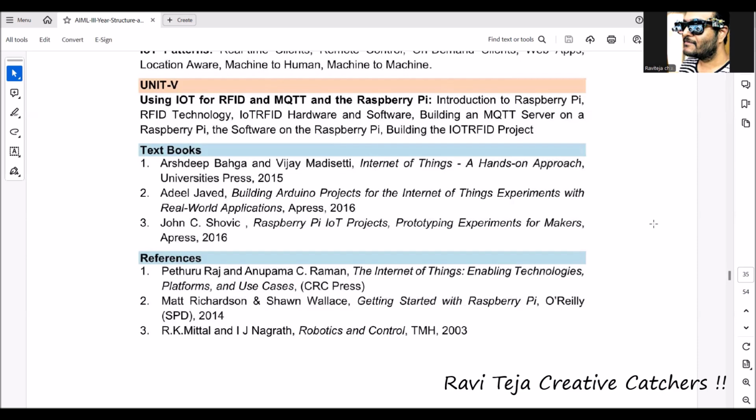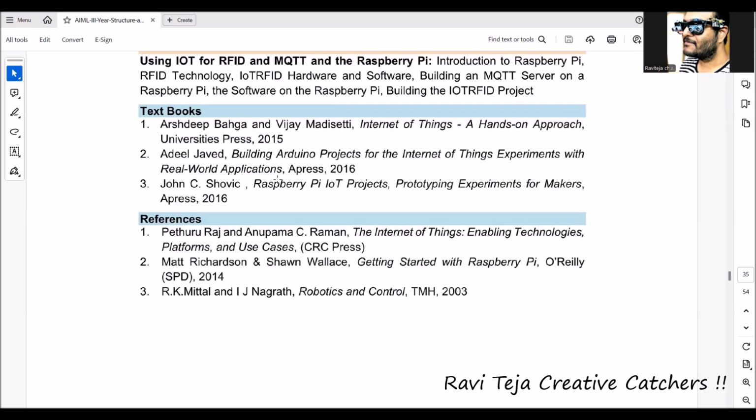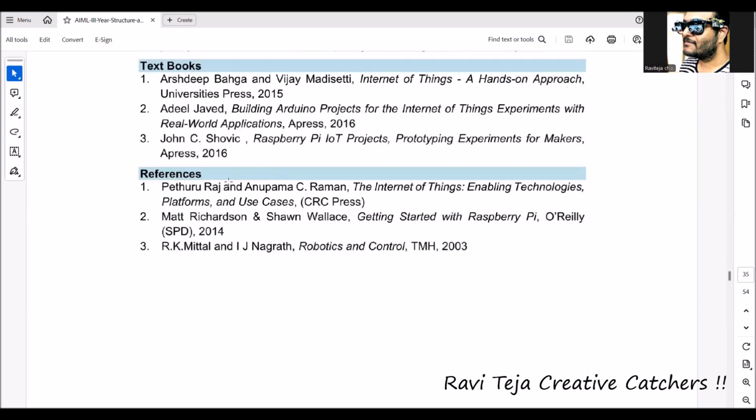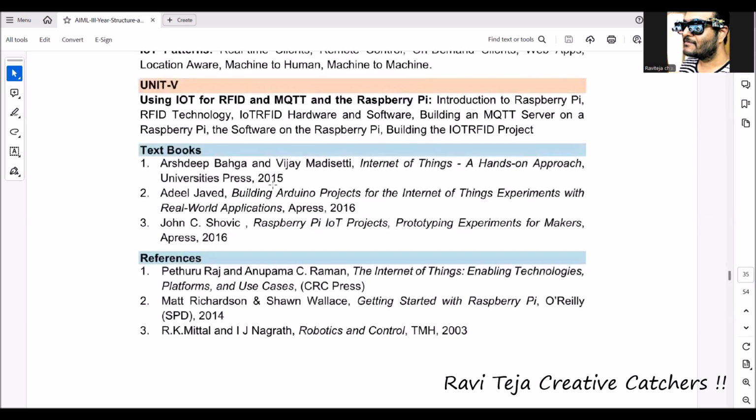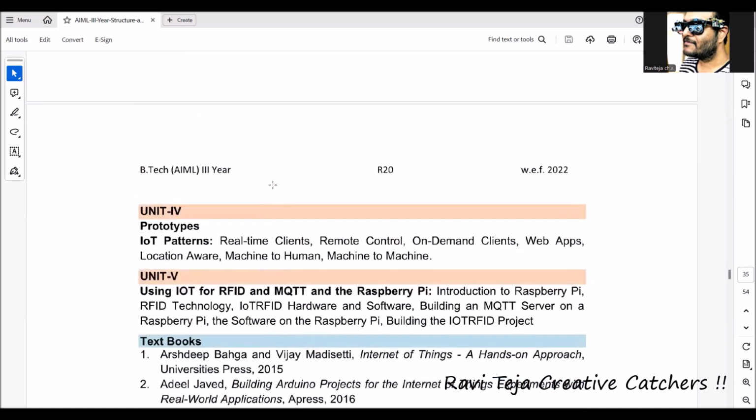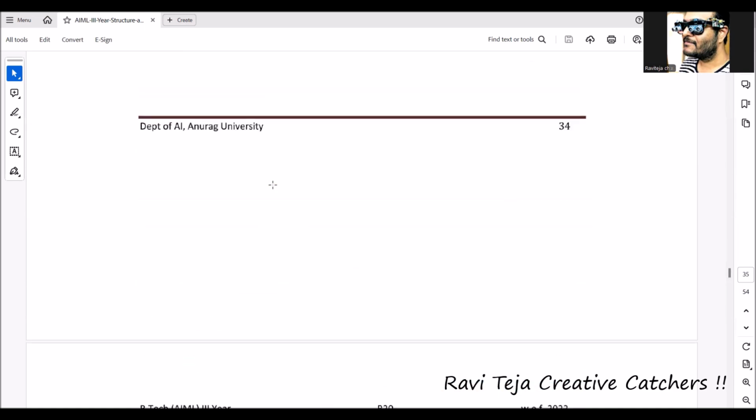We also have Raspberry Pi textbooks and Arduino projects, and also Anupama C. Raman's Internet of Things. All these textbooks and references will be very helpful in order to gain much more knowledge. So this is an overview of the Internet of Things subject, which includes 5 units for these particular branches.